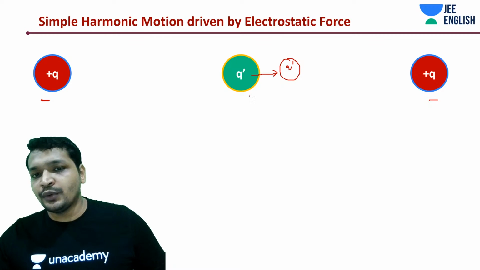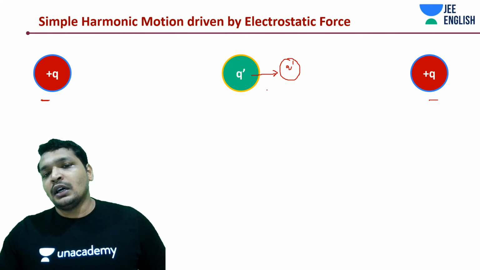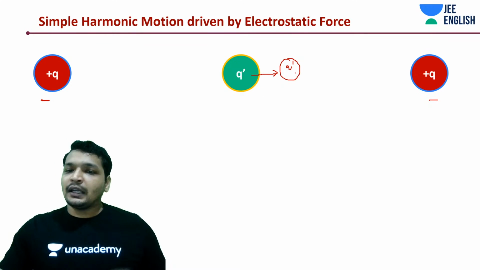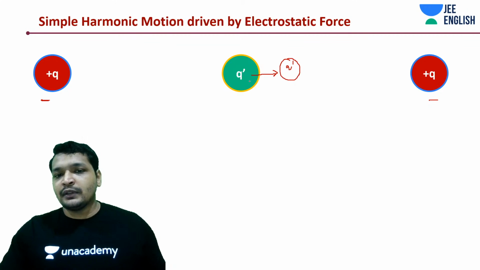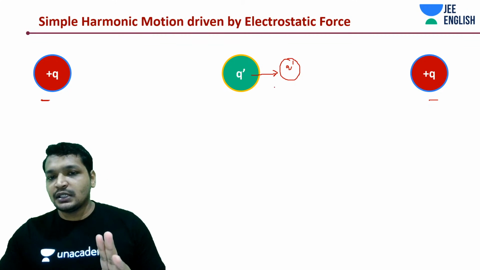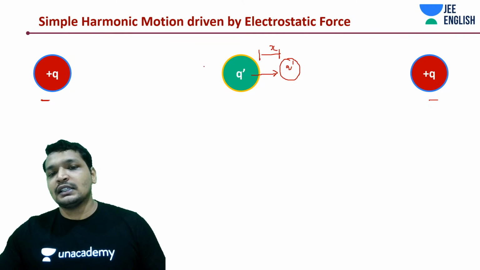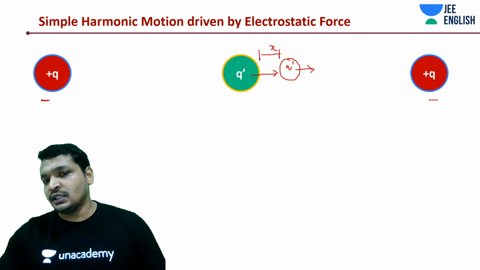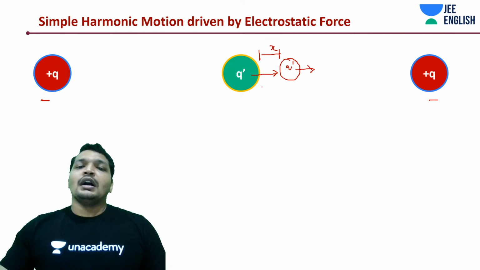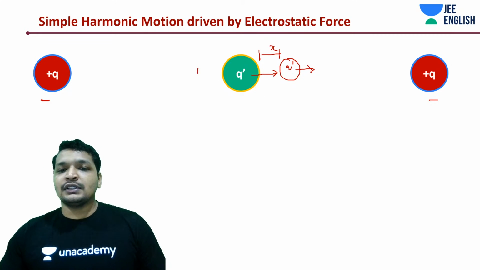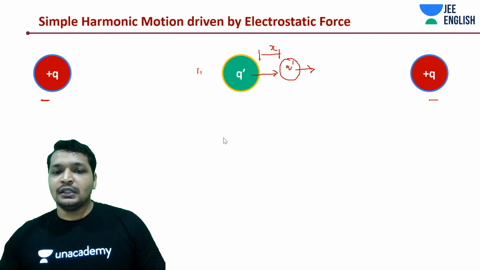As soon as this q dash comes over here, it will experience again, like here it was in equilibrium, there were equal forces because it was the same distance. Now what happened over here? Some x distance is increased from here. So due to this, the force will reduce, the way it pushes in this direction. And now how about the force that is being applied in the opposite direction?